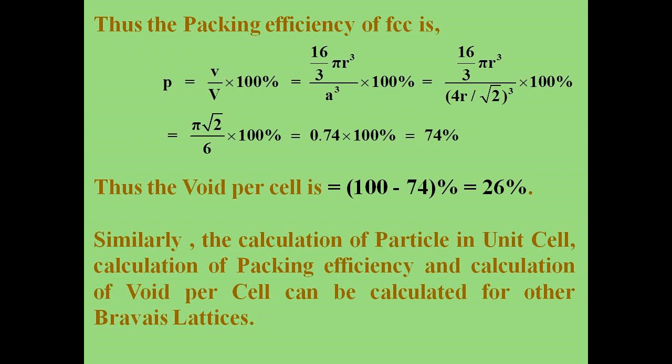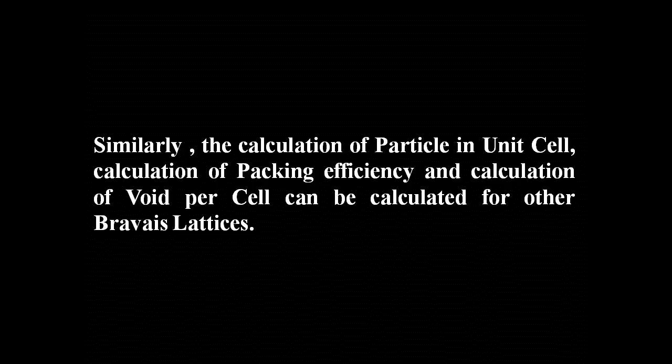Thus void per cell is 100 minus 74% equals 26%. Similarly, the calculation of particles in a unit cell, packing efficiency and void per cell can be done for other Bravais lattices.